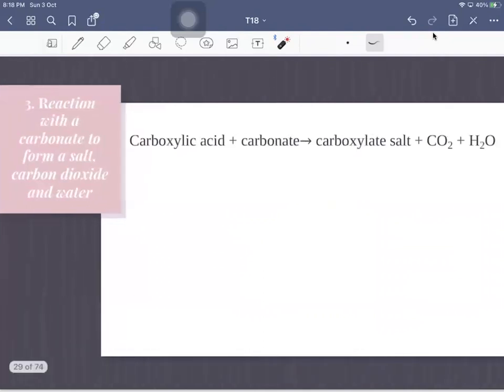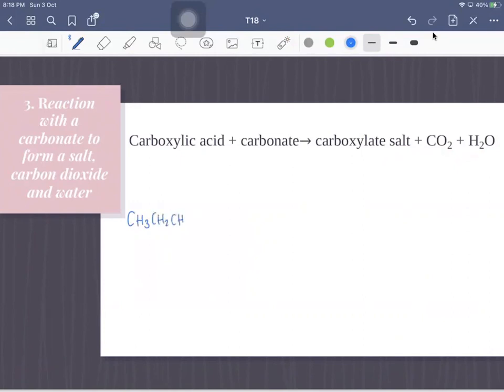You already know that it will form salt, carbon dioxide, and water. I'm going to use another example of acid, butanoic acid, 1, 2, 3, and 4. So that's butanoic acid.